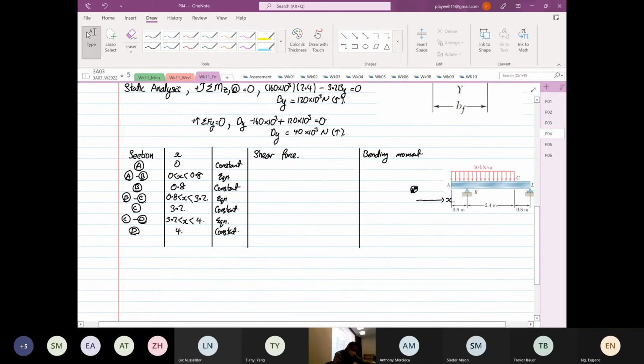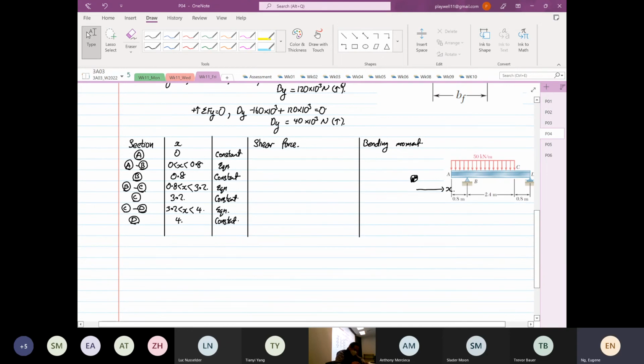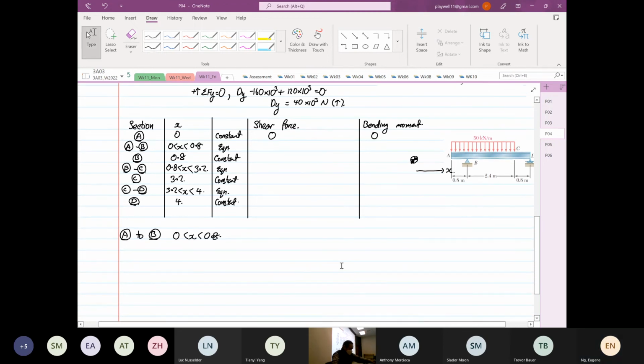So we know that when x is equal to 0, the shear force is equal to 0, and the bending moment is equal to 0. That's easy. Next we're going to go from A to point B, where we have a limit of 0 x to 0.8. Now we are going to sketch.